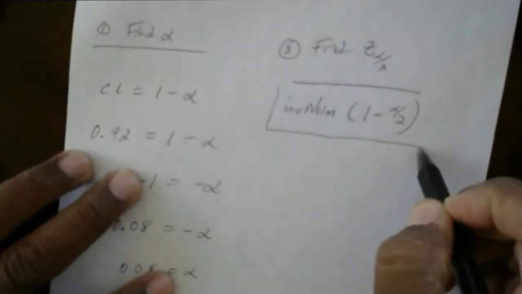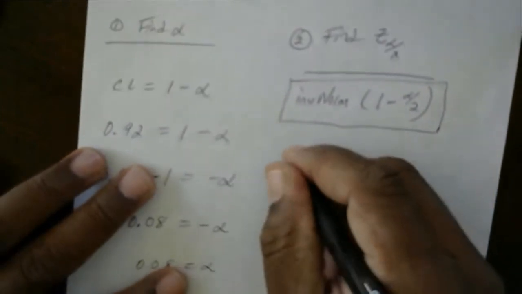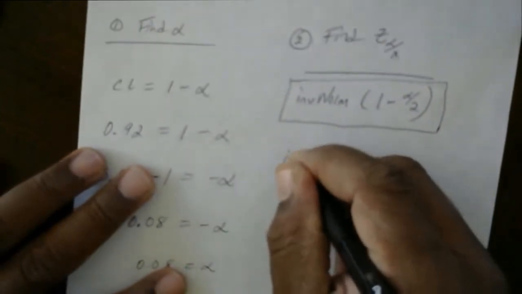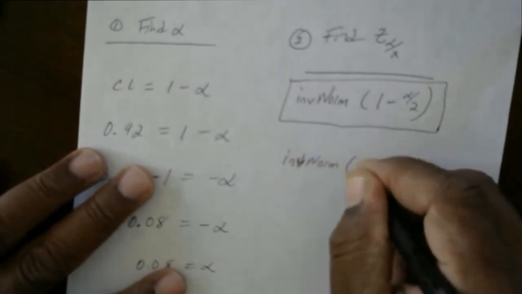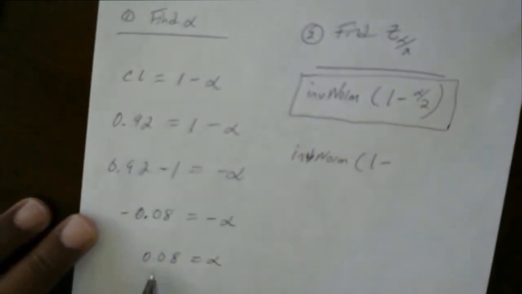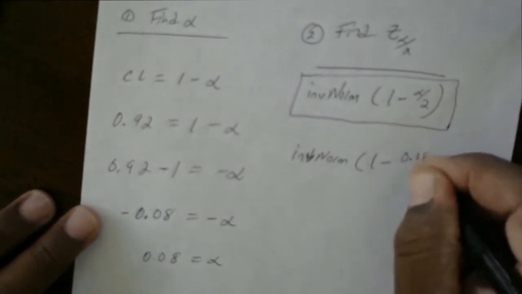So I'm actually going to put that in a box. So I'm going to put in the inverse normal of 1 minus alpha, which we found is 0.08, over 2.